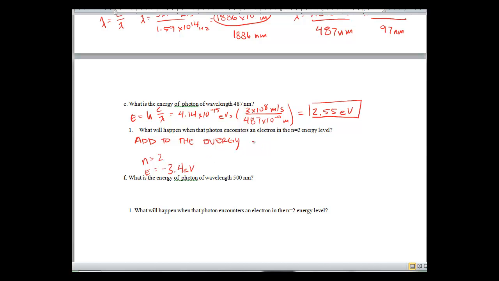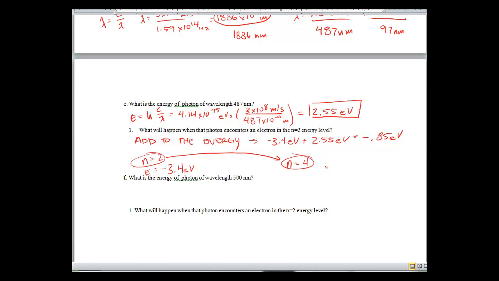When we take negative 3.4 electron volts and add 2.55 electron volts, we get negative 0.85 electron volts. When we look at the chart, that's the n equals 4 level. So our electron goes from n equals 2 to n equals 4. It absorbs the photon and jumps up 2 levels.